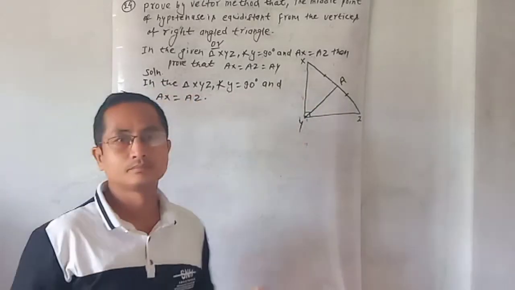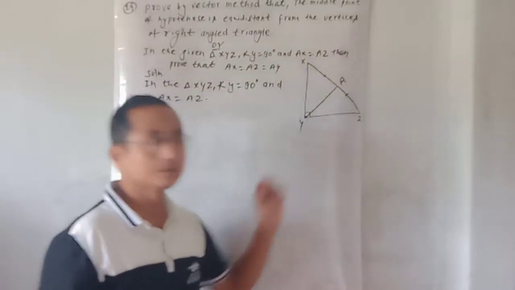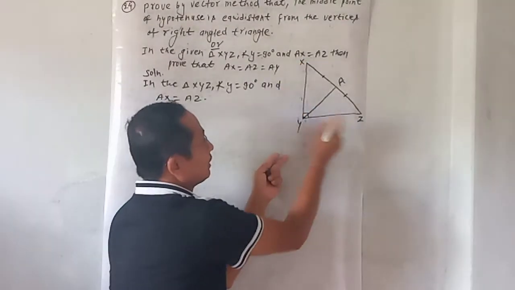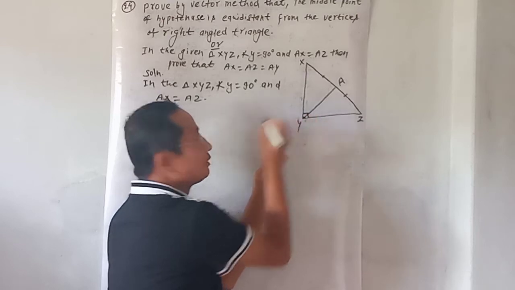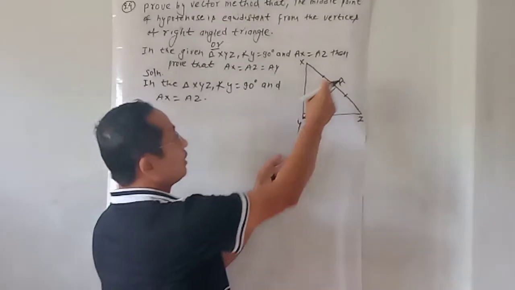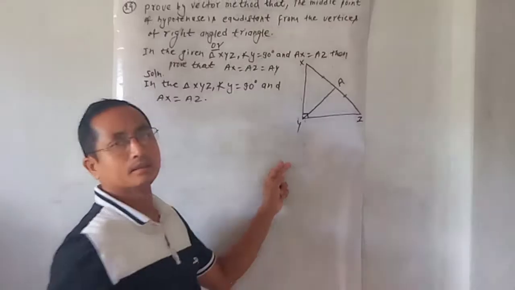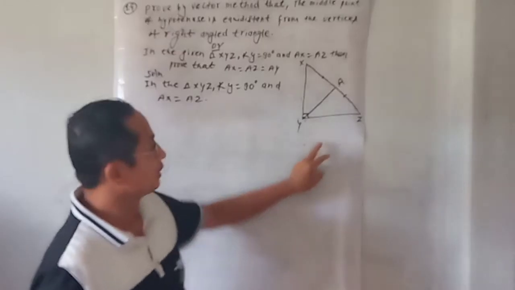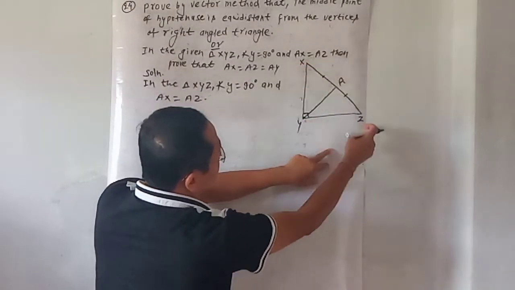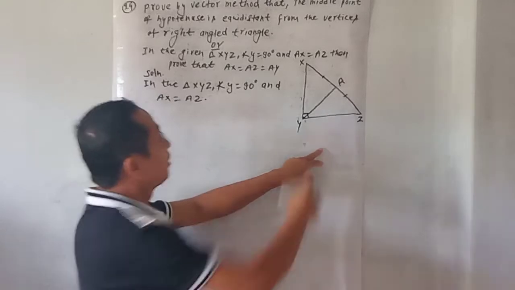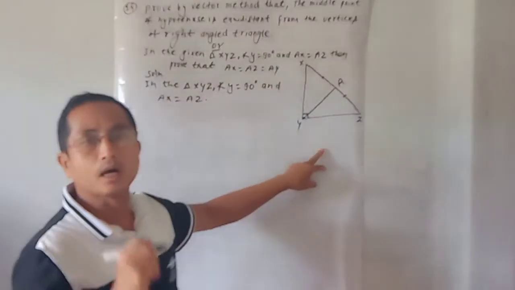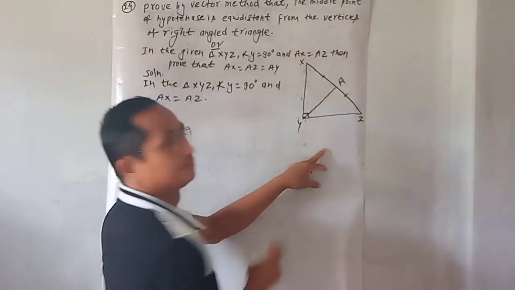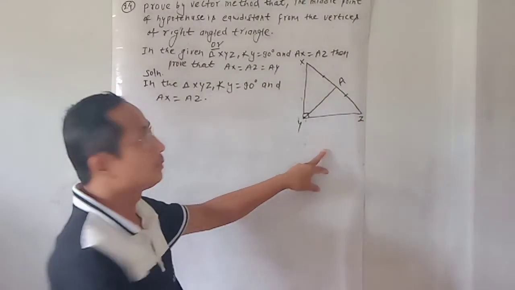Given this in the figure, XYZ is a right angle triangle in which angle XYZ is 90 degree and AX is equal to AZ. It means A is the midpoint of hypotenuse XZ. Here XZ is the hypotenuse and A is the midpoint of XZ.